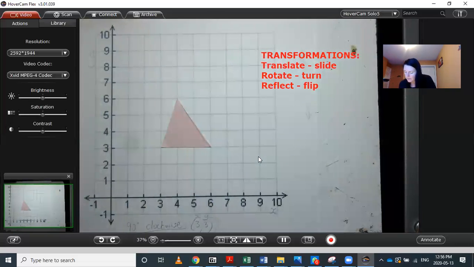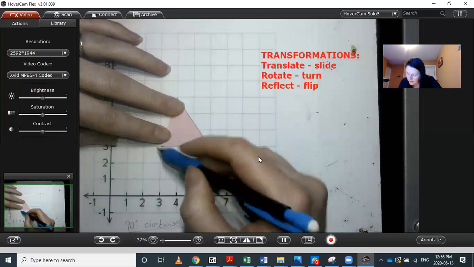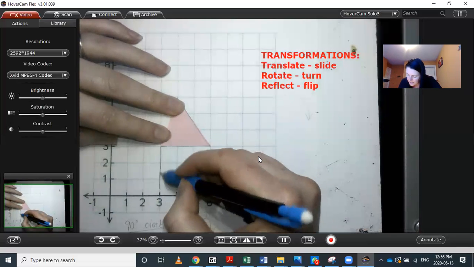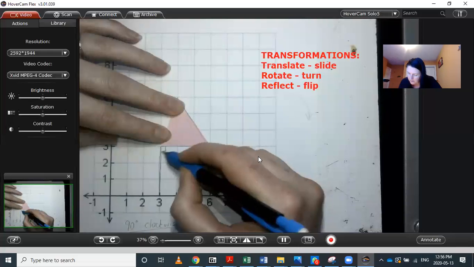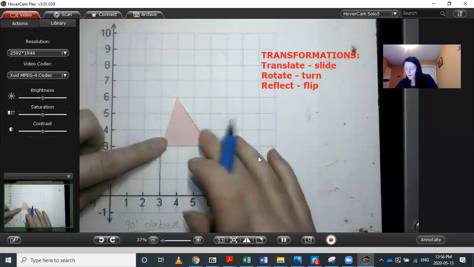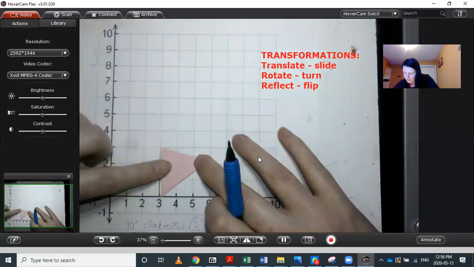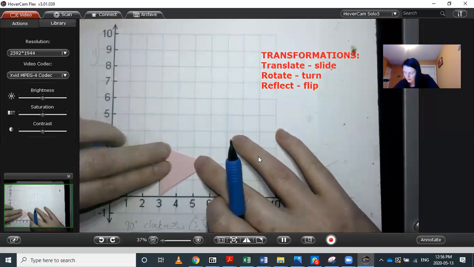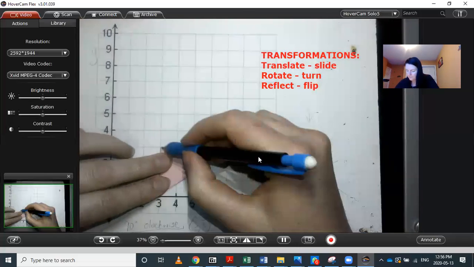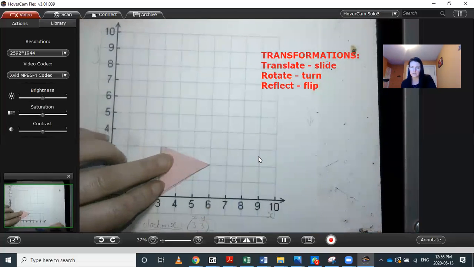So at the point 3, 3, which is here, this line here needs to form a right angle and would need to go straight down this line instead, right? So there it forms your right angle. So we're going to keep it on that point and we're going to rotate it, rotate it, rotate it until it lands exactly there. All right, so this is where our new triangle is going to go.